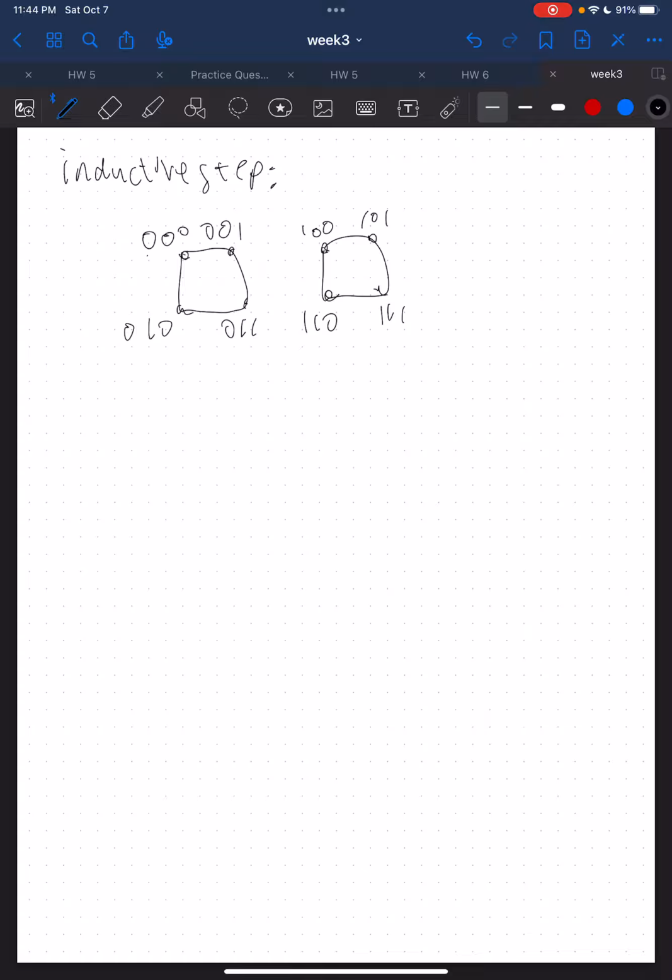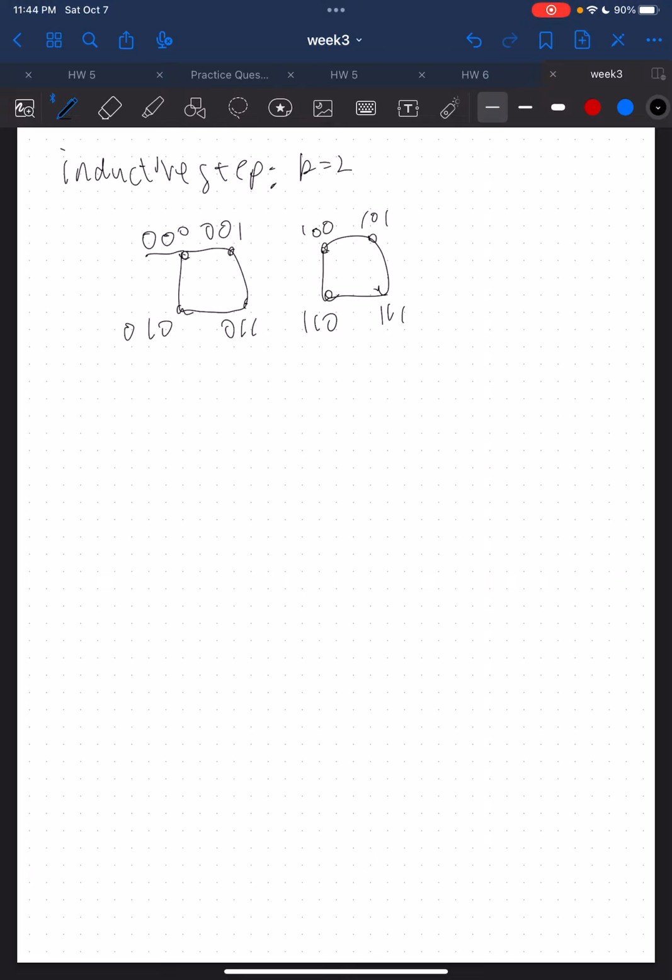We can start on 0 0 0, and then because we know, so let's say k equals 2, for example, without loss of generality. Let's say for some k, we can make a Hamiltonian cycle because of the inductive hypothesis.